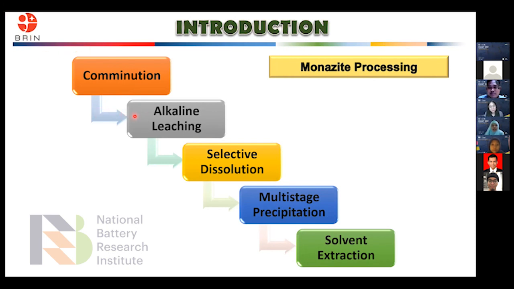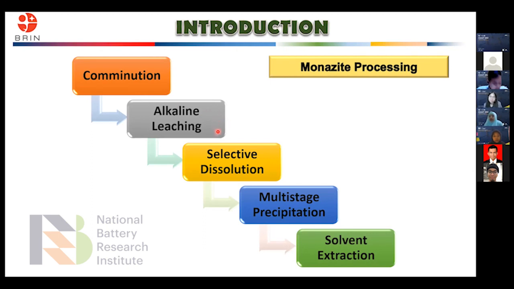The next stage is alkaline leaching, using sodium hydroxide to dissolve phosphate and convert monazite from a phosphate compound to hydroxide. Phosphate in the aqueous phase is separated from the leaching residue by filtration. The phosphate bond in monazite was broken by sodium hydroxide solution at high temperature, resulting in soluble phosphate, while uranium, thorium, and REE are kept in the solid phase as hydroxide.